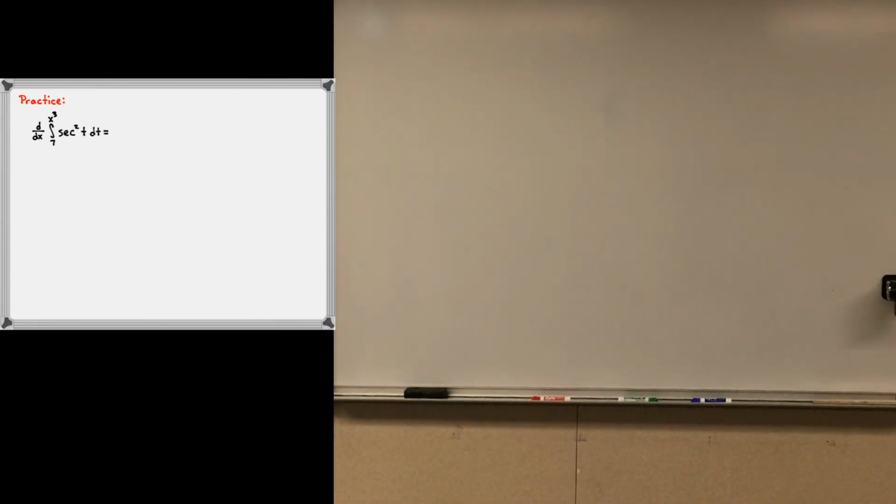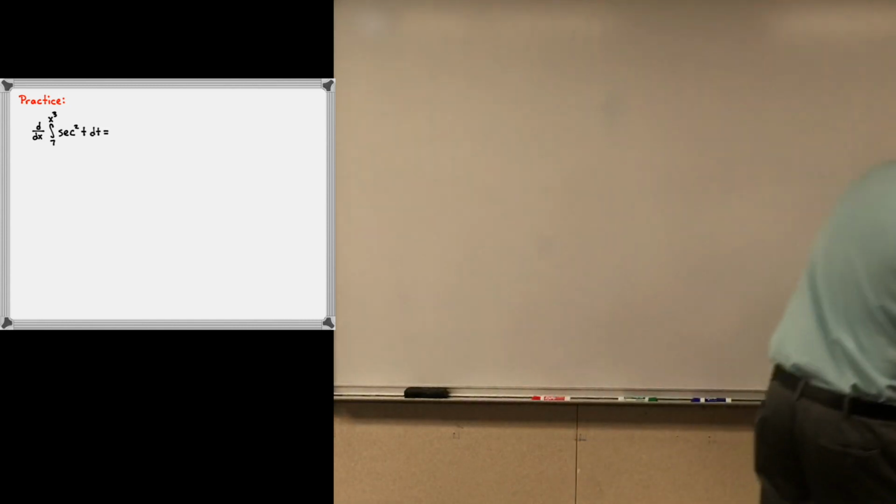This is good practice with antiderivatives and the like. Obviously, you cannot just use the simple fundamental theorem of calculus because why? What's wrong with this? Because the upper bound is x cubed, not x. So you have to go about it the long way. So what is the first step?